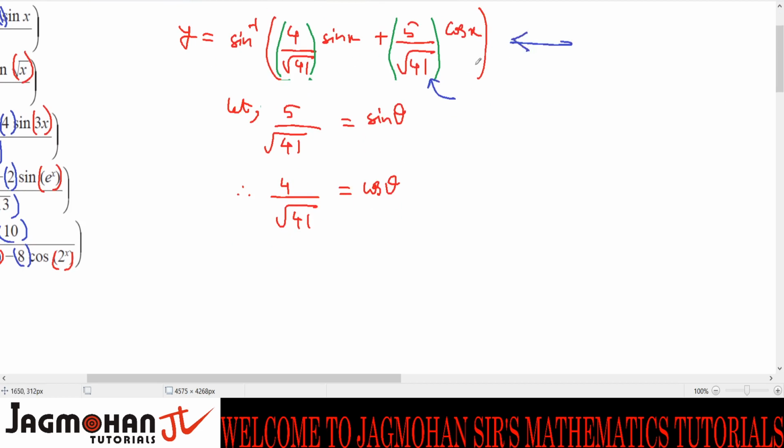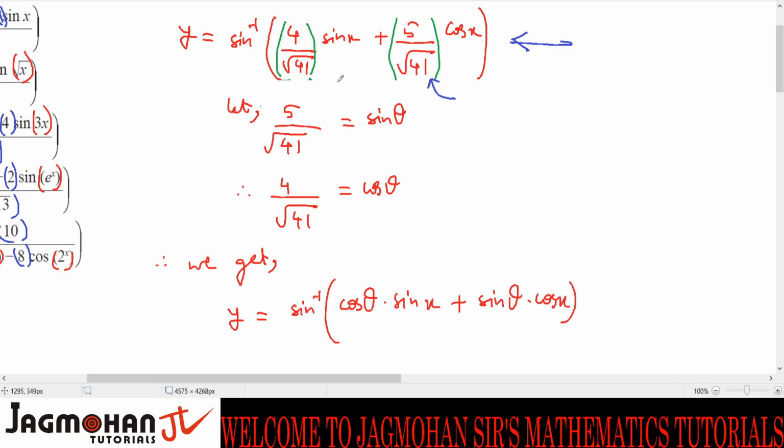Therefore, we get y equals sine inverse of (cos theta sine x plus sine theta cos x). I hope you understand what's going on here. This is cos theta and this one is sine theta.